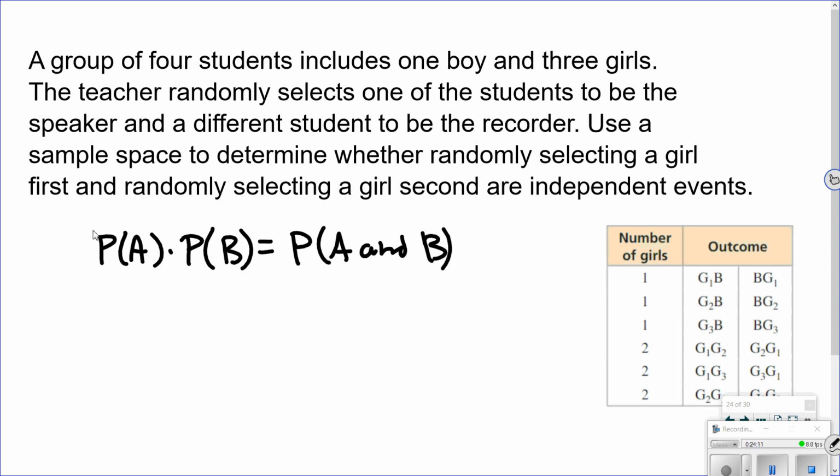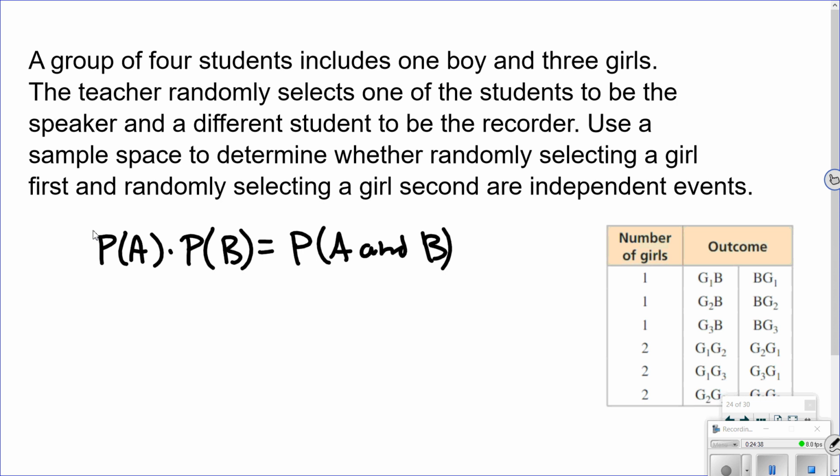So let's find the probability first of just the first event happening. So we want to randomly select a girl first. So to do that, look up there. It says a group of 4 students includes 1 boy and 3 girls. And you randomly select one to be a speaker. Okay, so there are, what, you want to select a girl first.